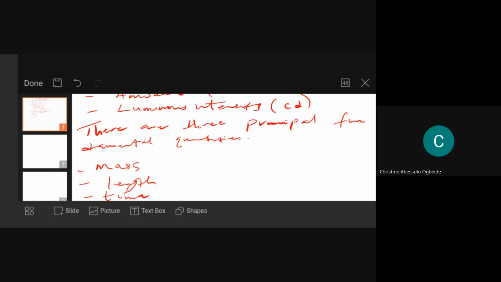These are the 3 principal fundamental quantities. Of course, you already know the unit for mass is kilogram, the unit for length is meters, the unit for time is second. But what are their dimensions?